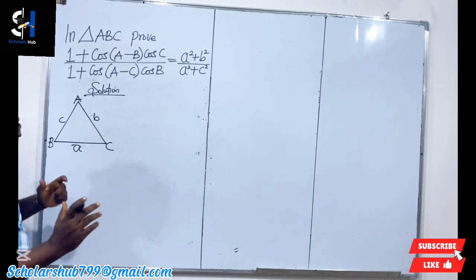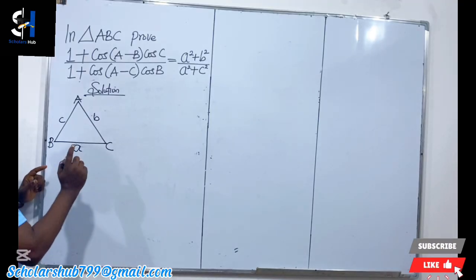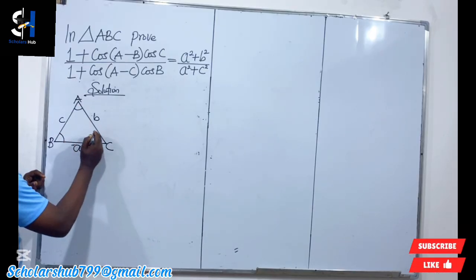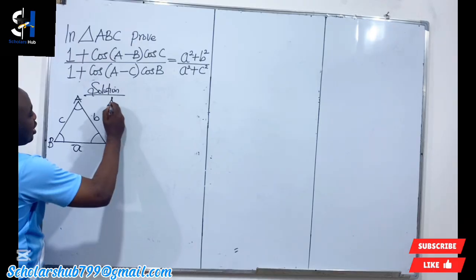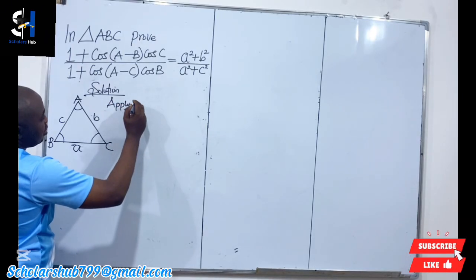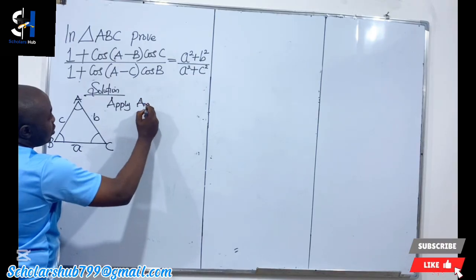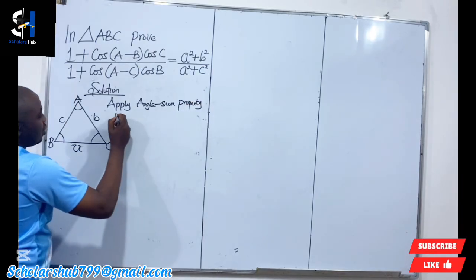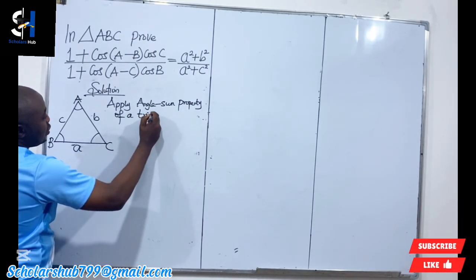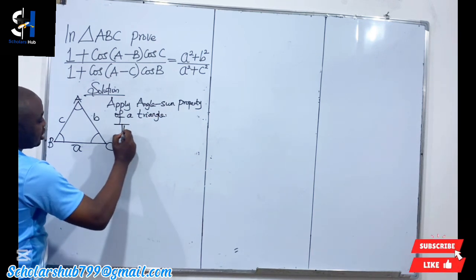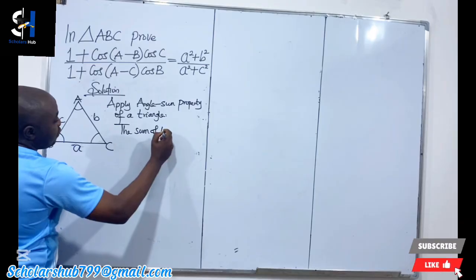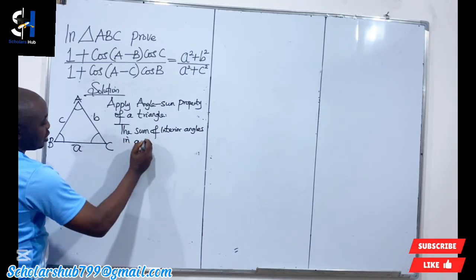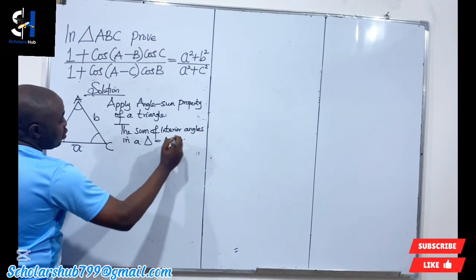But to do that, we need to understand that the three angles are interior angles. So we apply the angle sum property of a triangle, which states that the sum of interior angles in a triangle is equal to 180 degrees.